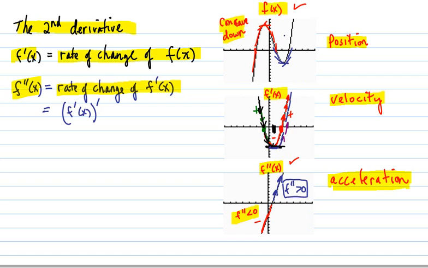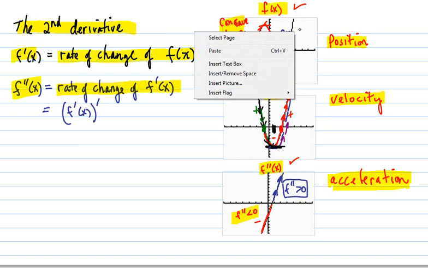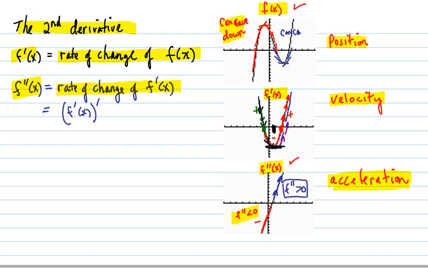So here you have your concave up, corresponding to your f double prime being greater than 0.